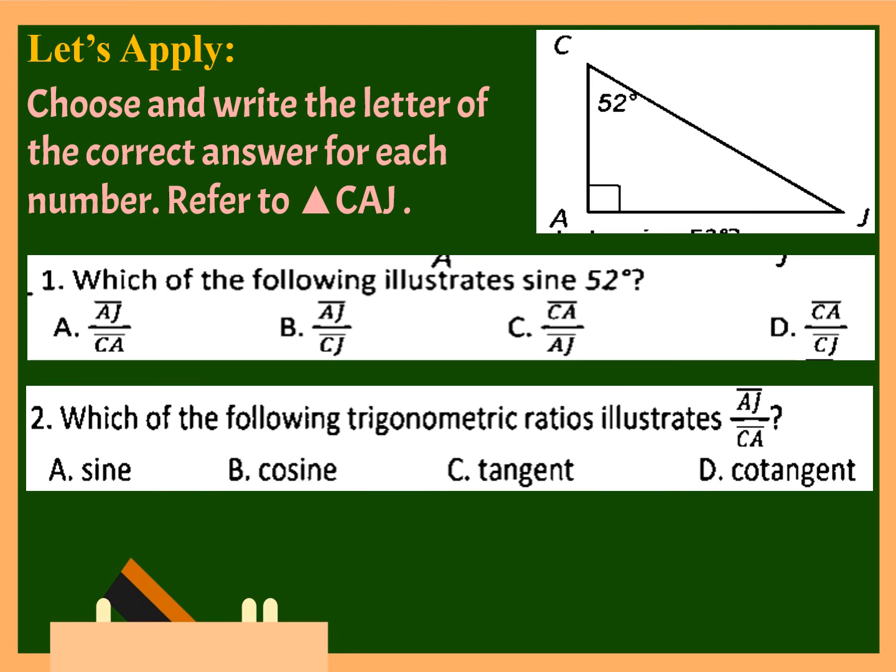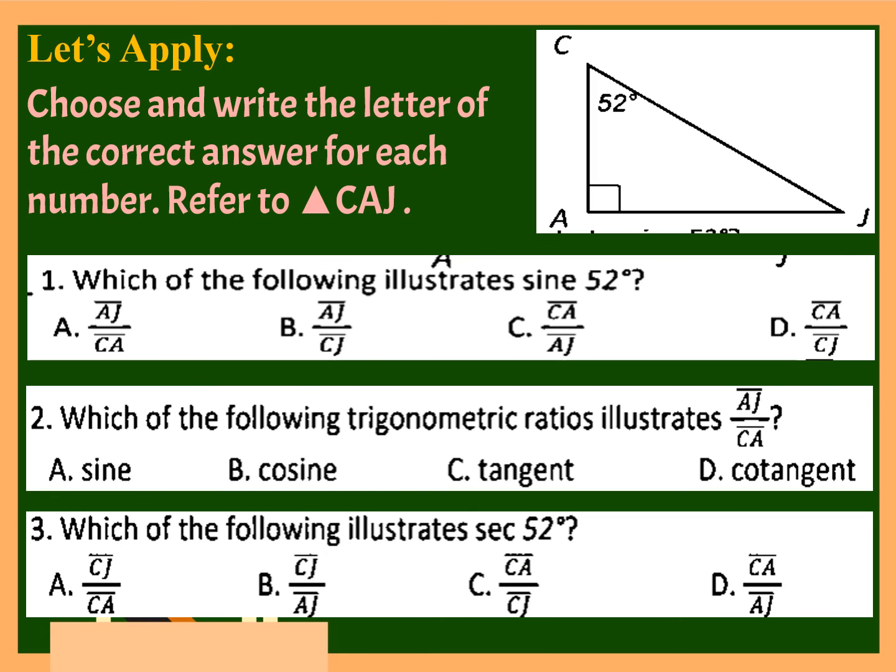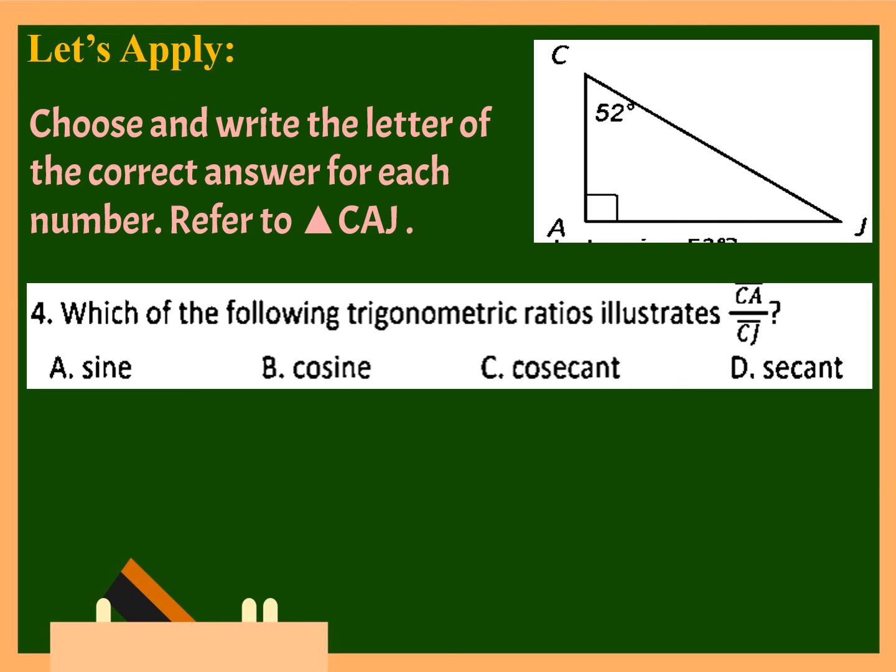Number 2. Which of the following trigonometric ratios illustrates AJ is to CA? Number 3. Which of the following illustrates secant 52 degrees? Number 4. Which of the following trigonometric ratios illustrates CA is to CJ?